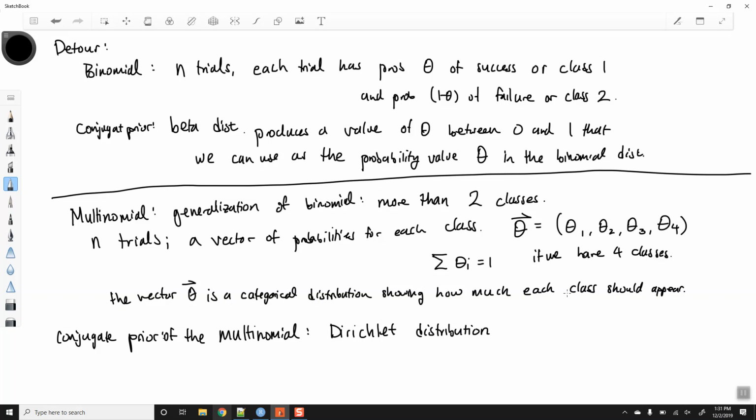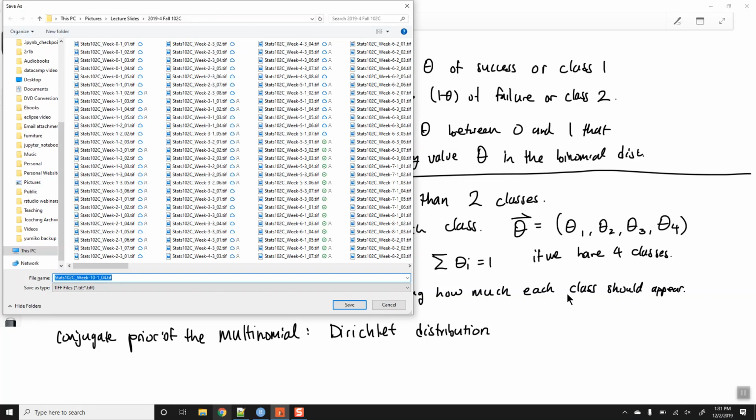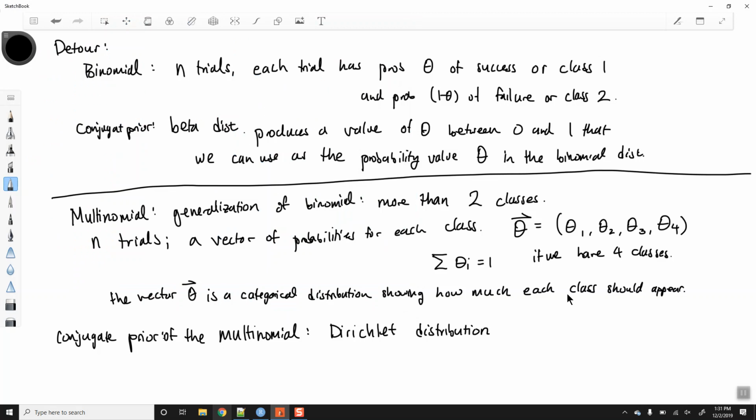So what kind of values does the Dirichlet distribution produce? The beta distribution will produce a single value theta that you can use in the binomial. And the Dirichlet distribution will produce a vector theta that you can use in the multinomial.